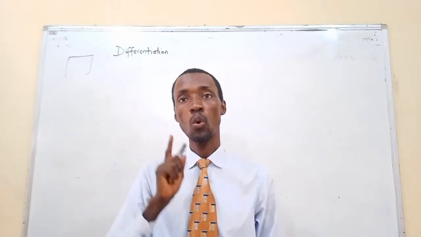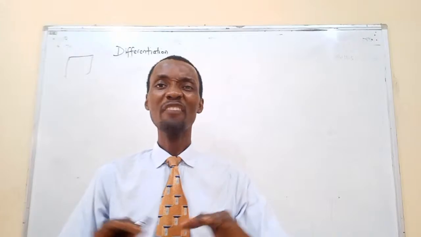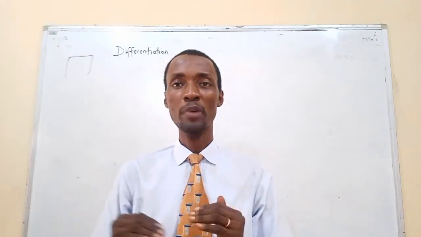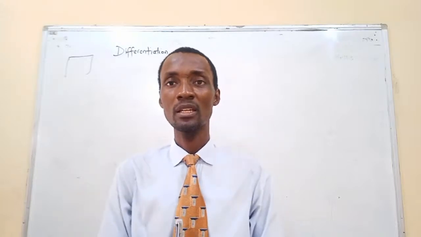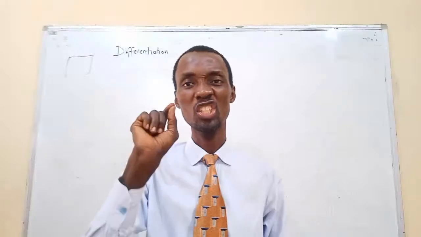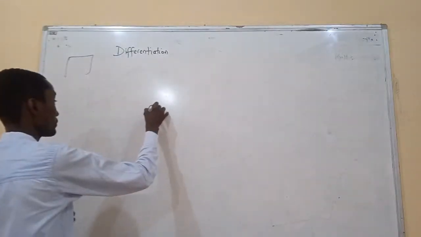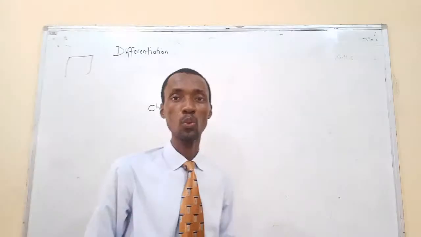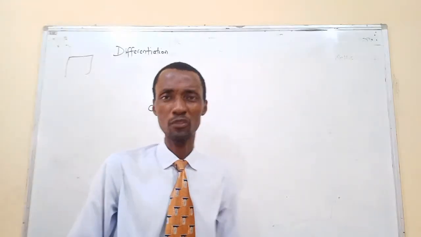So what is differentiation? Now, for an average student of mathematics and one who perhaps has done a little bit of other maths, the key word in differentiation is change. So essentially in differentiation, we are measuring change. What kind of change?